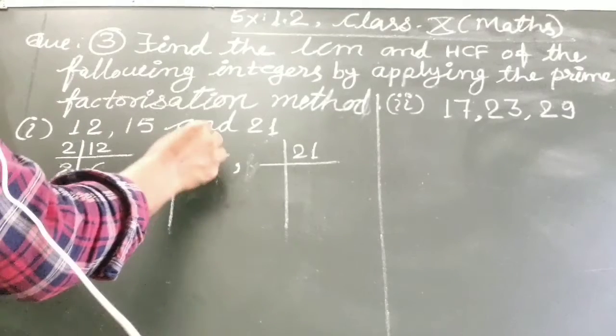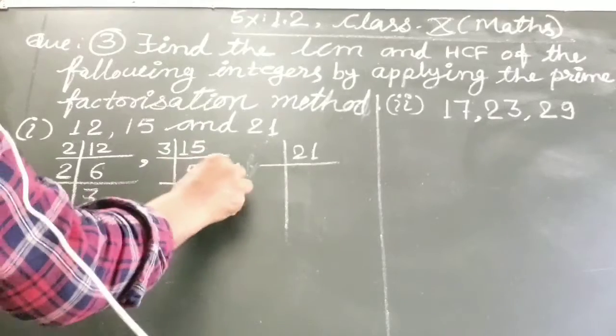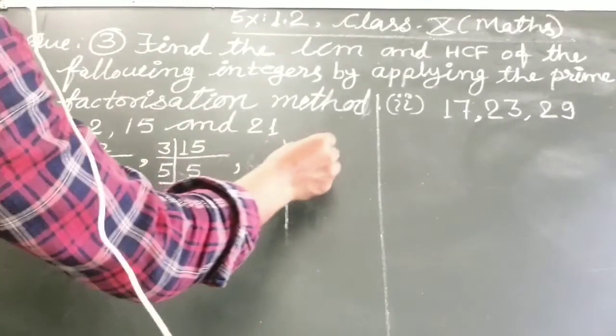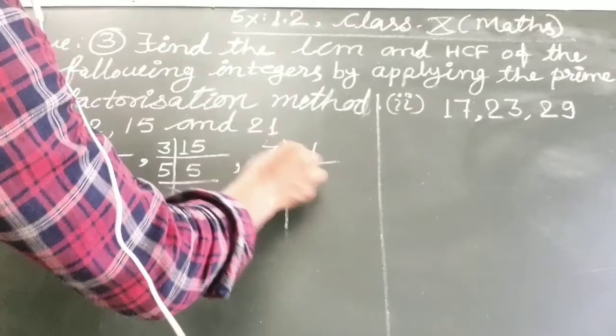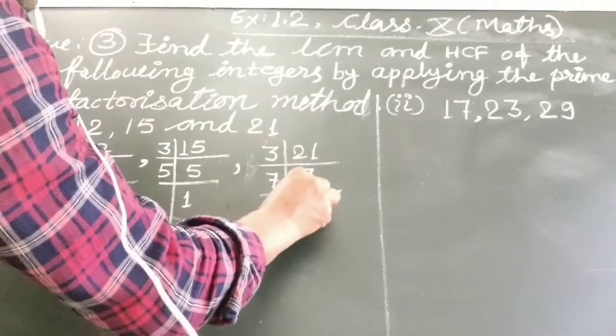Now 15 divided by 3 is 5, 5 divided by 5 is 1. 21 divided by 3 is 7, 7 divided by 7 is 1.